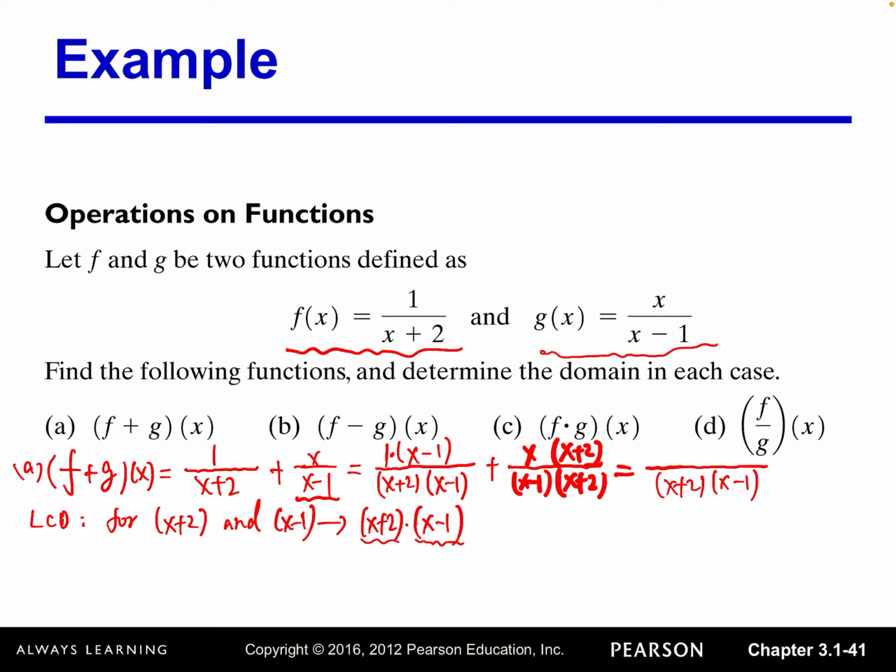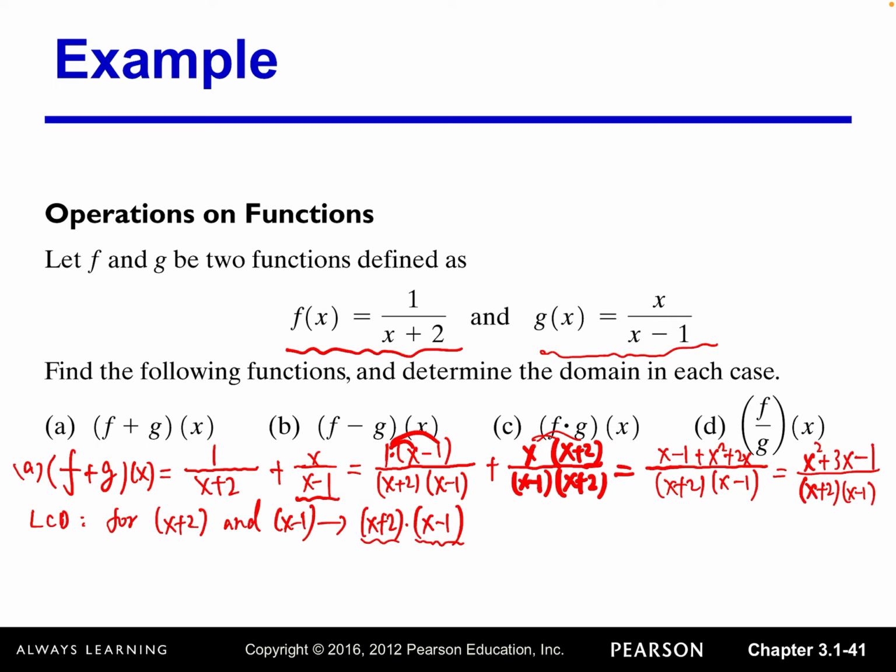Now we can simplify the numerator. Here we have x minus 1, here we have plus x squared plus 2x, and combined together, the denominator is x plus 2 times x minus 1, and the numerator is x squared plus 3x minus 1.